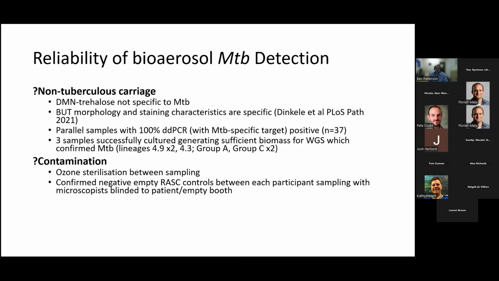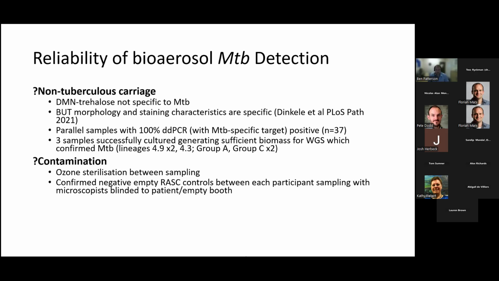Another question is whether there is contamination of the sampling system. This was obviously a concern in some of the developmental work. There were quite a lot of changes in the setup, such as the cyclone collector, to make sure we could fully sterilize it, and then use of an ozone sterilization system.